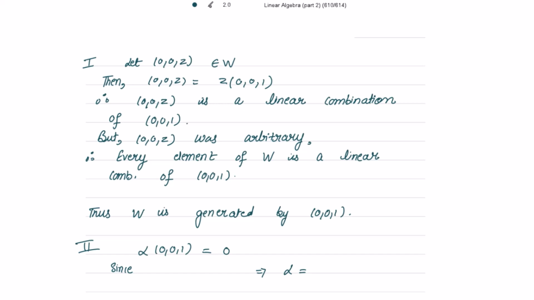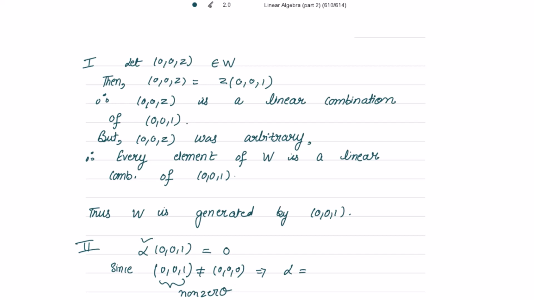Right? Now to check whether this (0, 0, 1) is linearly independent or not, for that I have to take one scalar and multiply the scalar with this. This is equal to 0. Now since (0, 0, 1) is not equal to (0, 0, 0), this is non-zero, which means alpha is 0.